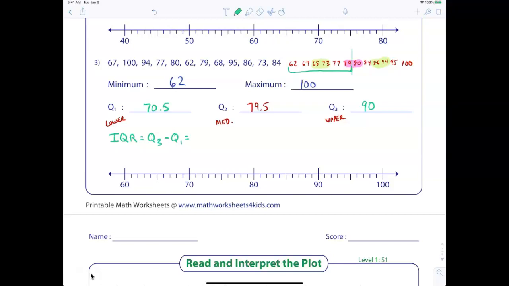So 90 minus 70.5 is equal to 19.5, right? Is everybody happy with that? Basically that just means that 50% of the data are within 19.5 points of each other. That's all that means. Sometimes it's important. Most of the time it's not.